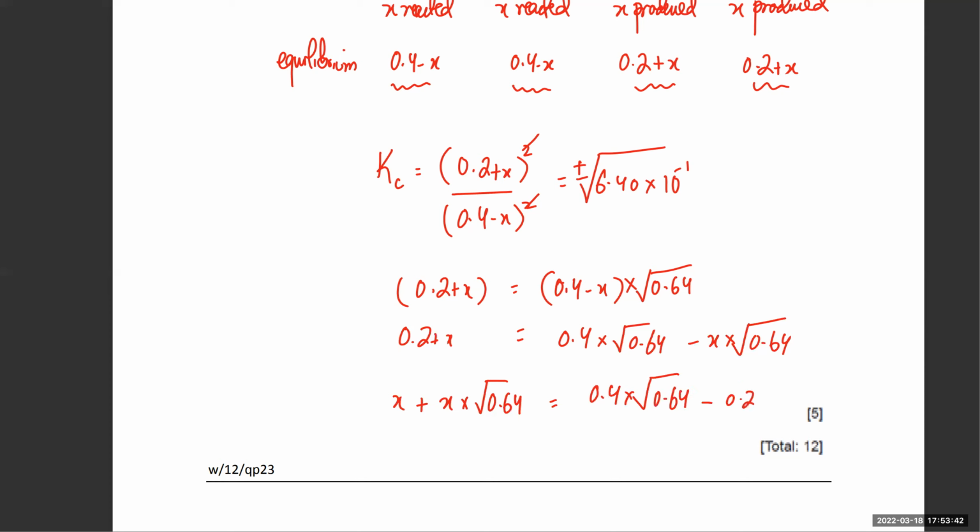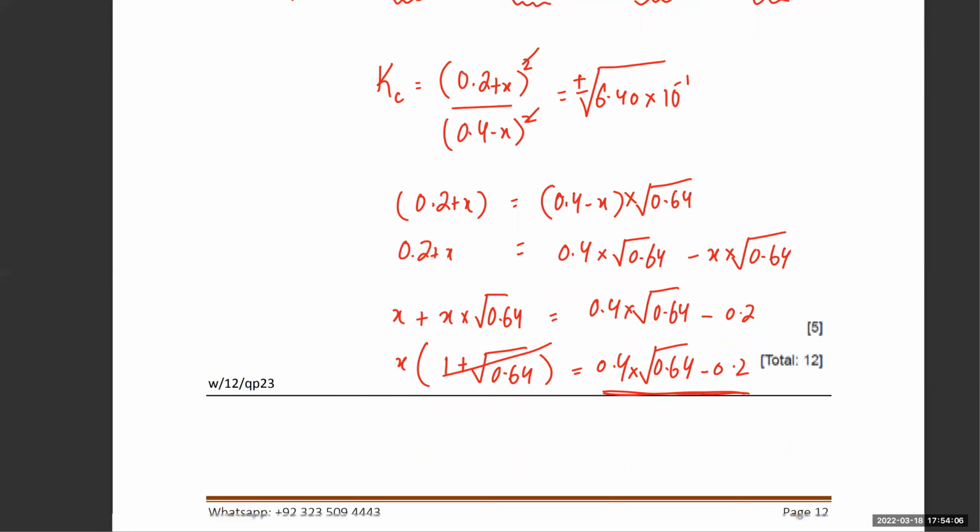और इसको divide कर लो, x को common लो. So if I take x as common, it's going to be 1 plus under root 0.64, and this would be 0.4 times 0.64 under root minus 0.2, and the whole thing gets divided by this thing.